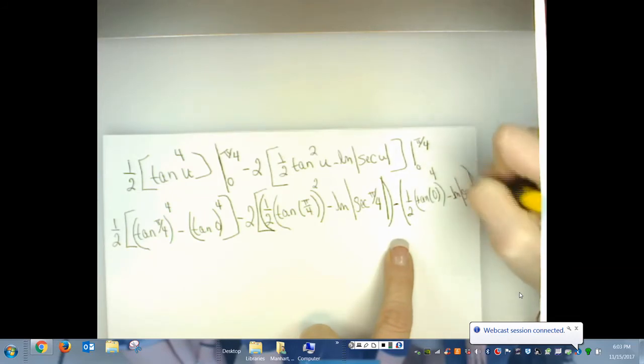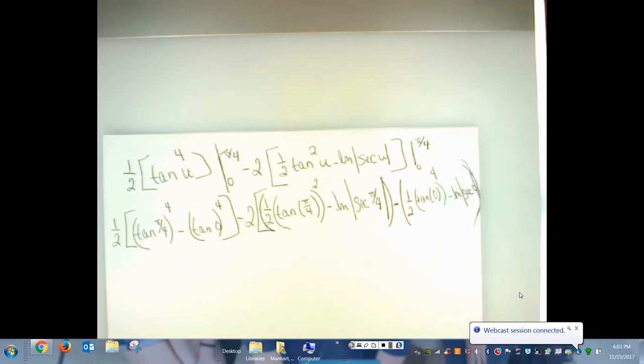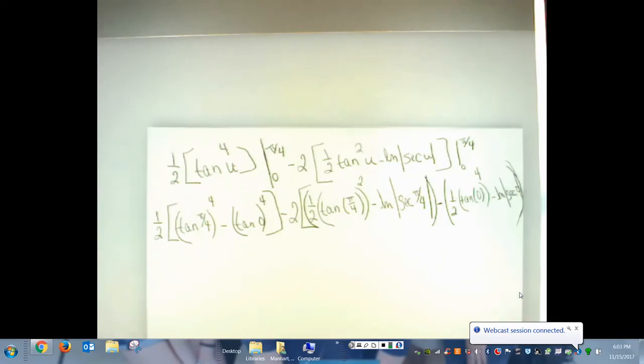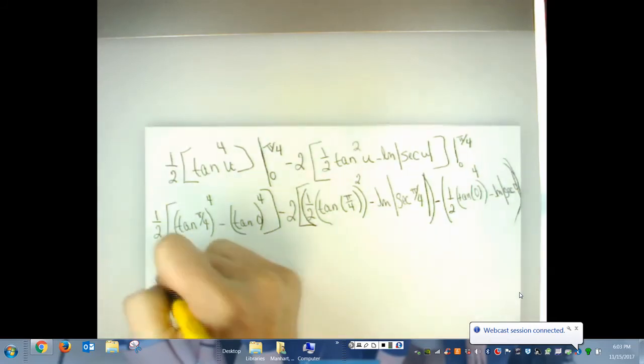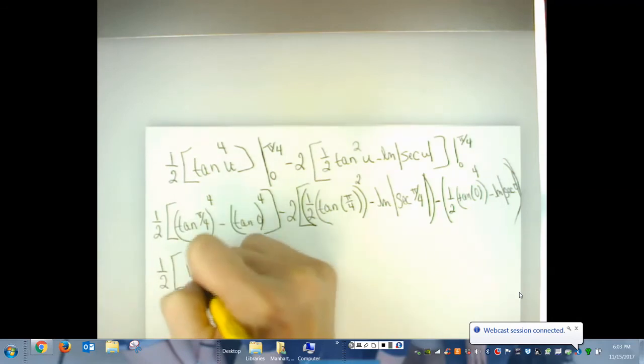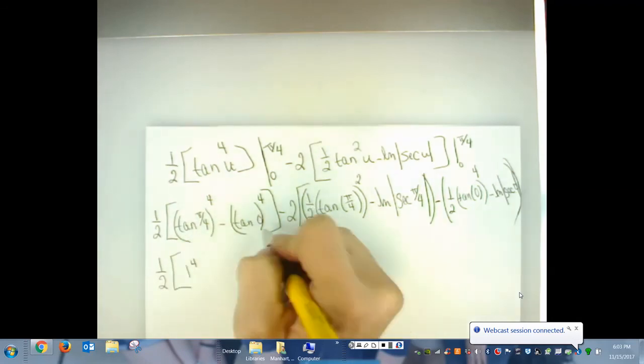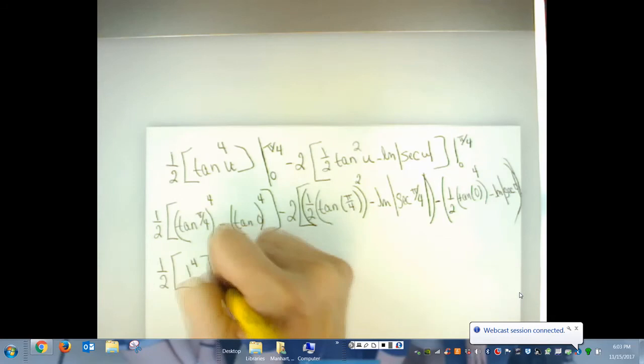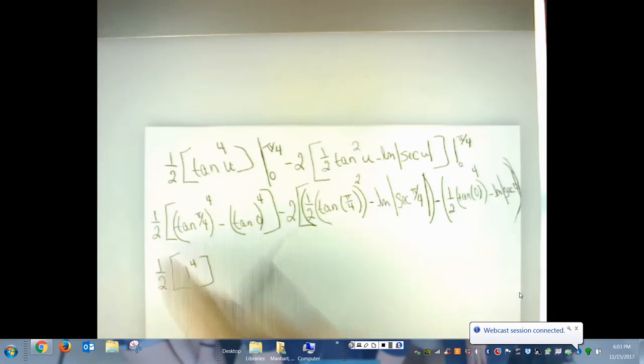And I barely can make another parentheses around that. So going back to this situation, this is 1/2. Tangent of pi over 4 is 1, so that's 1/4. Tangent of 0 is 0. So this first substitution just becomes 1/2.